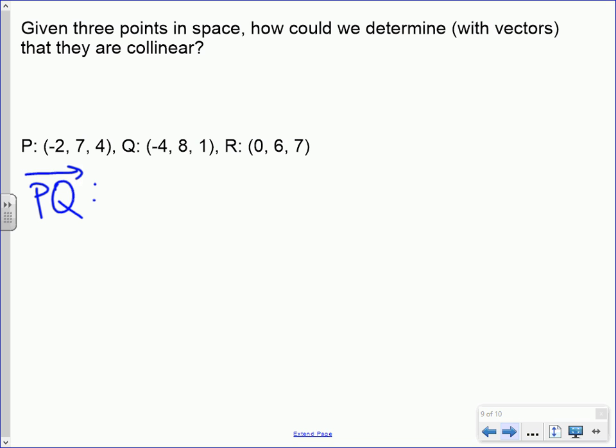So let's find the vector PQ. Remember, terminal minus initial. What's our first component? Terminal minus initial. Terminal minus initial. Terminal minus initial. Thank you. And then let's look at QR.